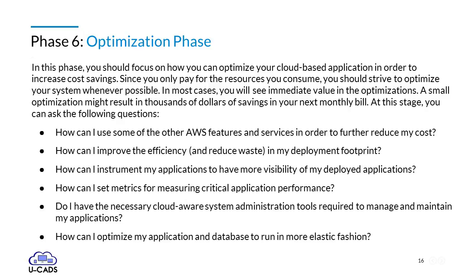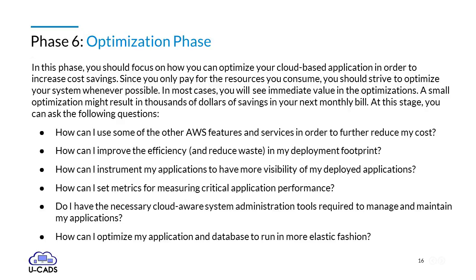How can I use some of the other AWS features and services in order to further reduce my cost? How can I improve the efficiency and reduce waste in my deployment footprint? How can I instrument my applications to have more visibility of my deployed applications?